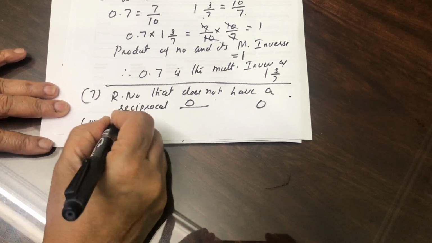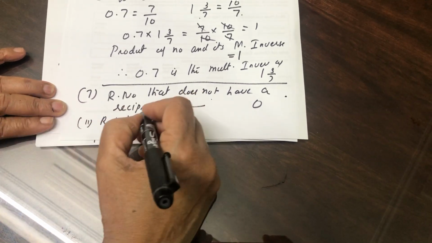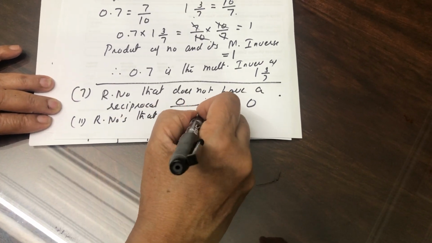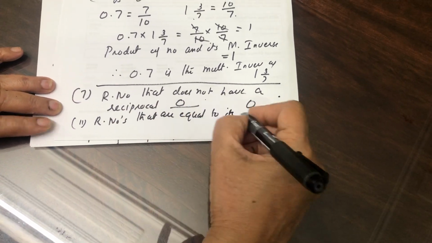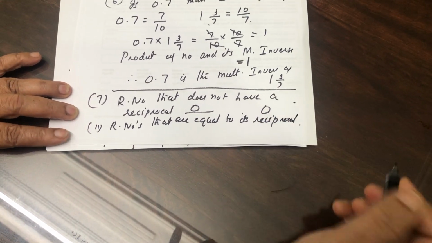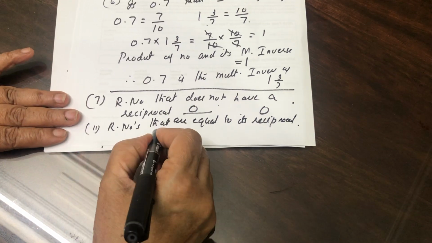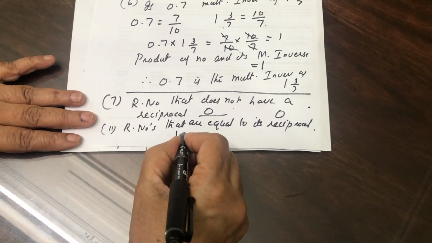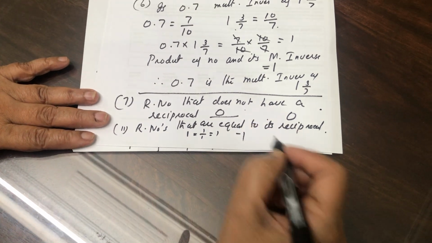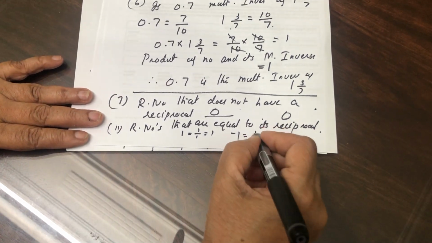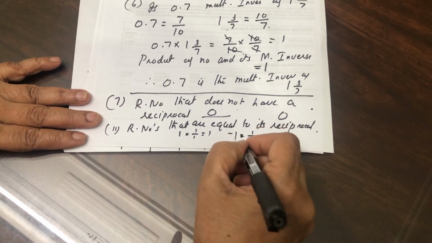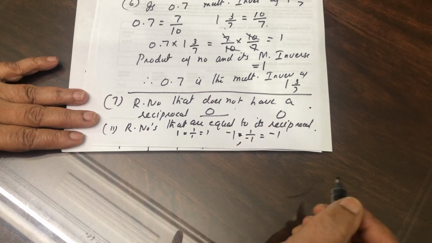Second, rational numbers that are equal to their reciprocal. Which are the two numbers equal to their reciprocal? You take 1. What is the reciprocal of 1? 1 by 1 is 1. You take minus 1. The reciprocal is 1 by minus 1, that is also equal to minus 1.